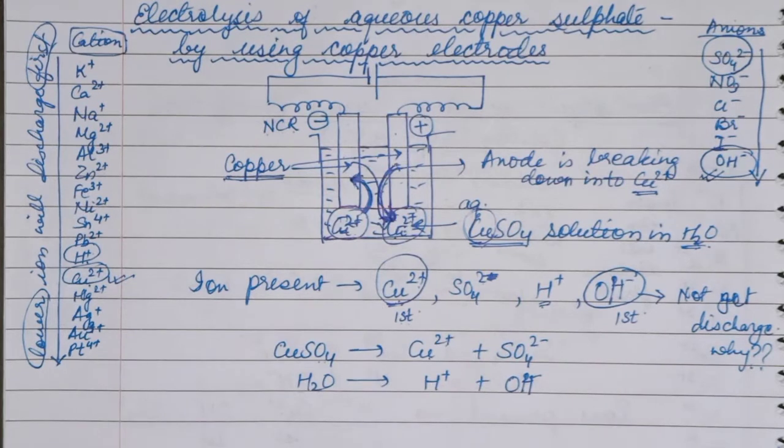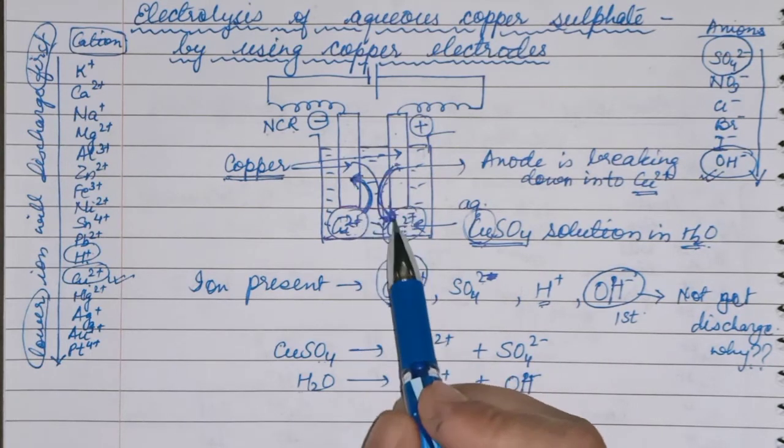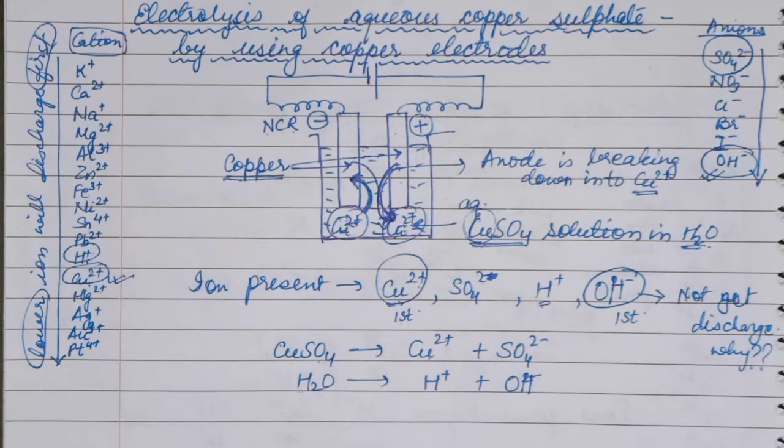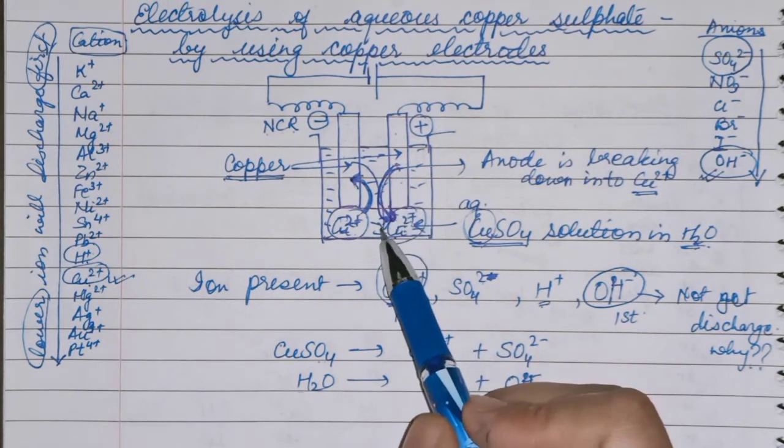So what is the reason here? Because the Cu2+ ion concentration stays at the same level, the movement of OH- ion will not take place.